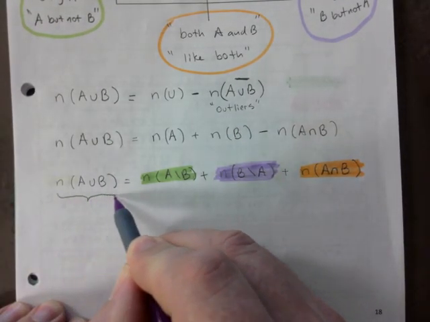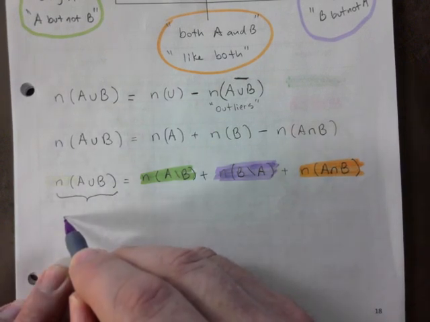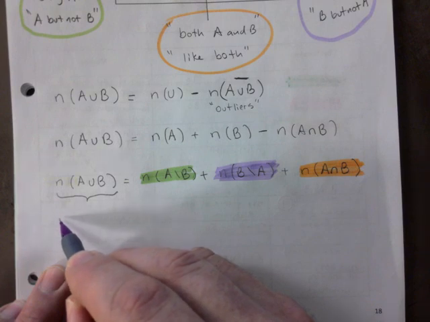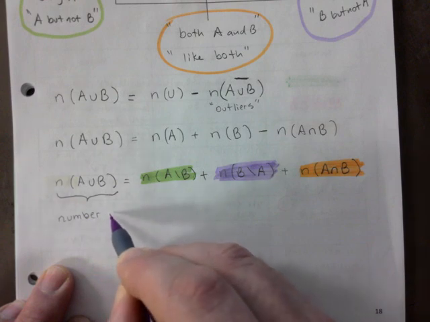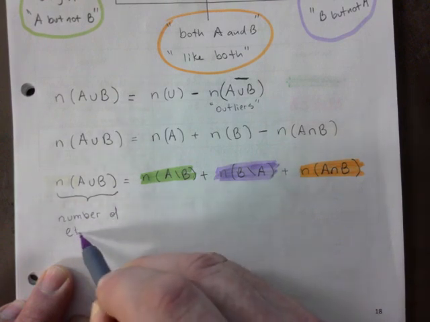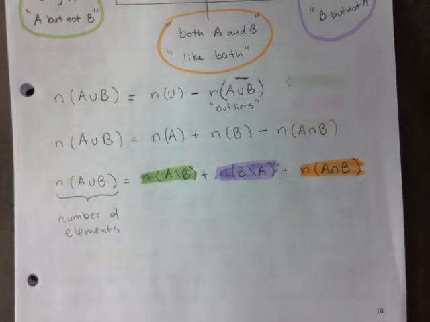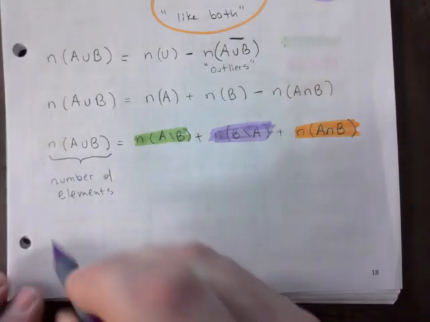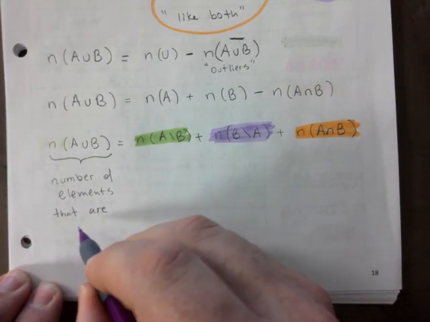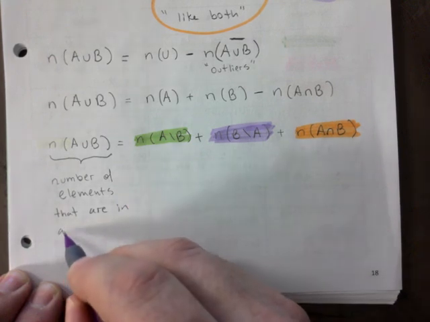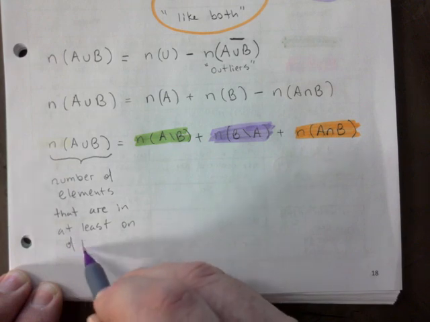This part right here, I will say number of elements that are in at least one of the sets.